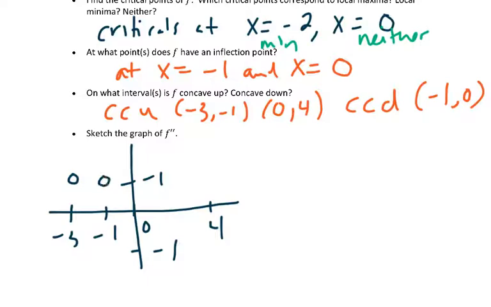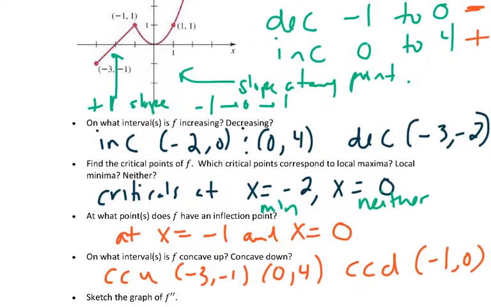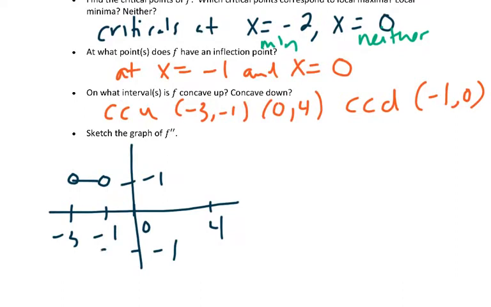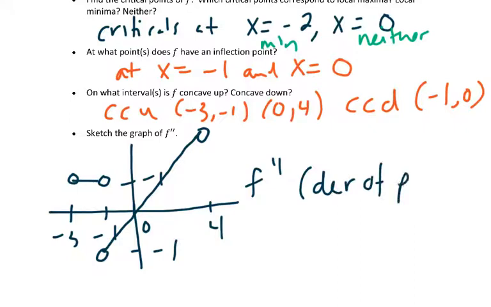This slope right here was +1. Then it jumps down to -1, and it goes up, kind of like that. So this is the graph of the second derivative, or the derivative of the picture above.